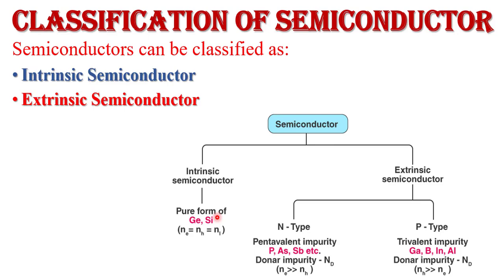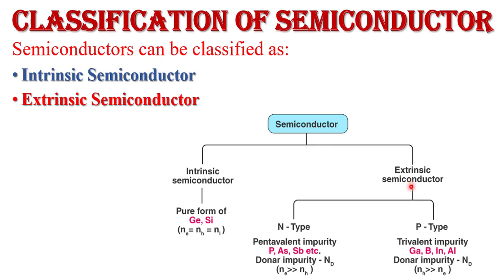I have already explained intrinsic semiconductor in my previous video, the classification of semiconductor part 1. The video link I have given in my description box. So for intrinsic semiconductor, go to that link. In this video I will explain extrinsic semiconductor.